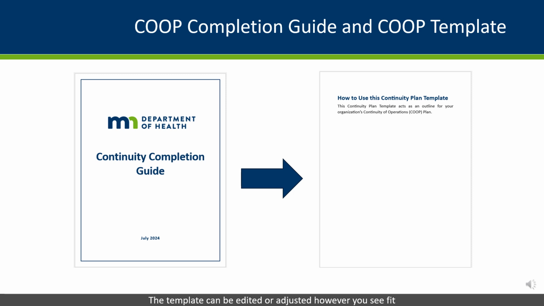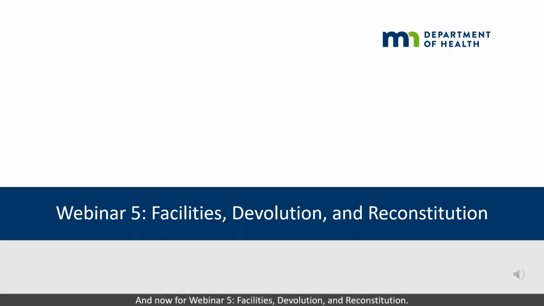The template can be edited or adjusted however you see fit to meet the needs of your organization. If you already have a COOP plan, you can use the completion guide to help augment or revise your current COOP plan.